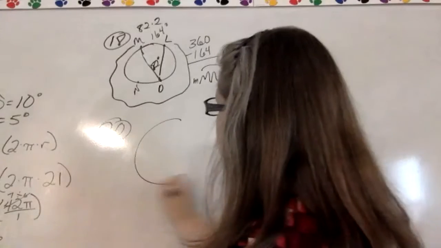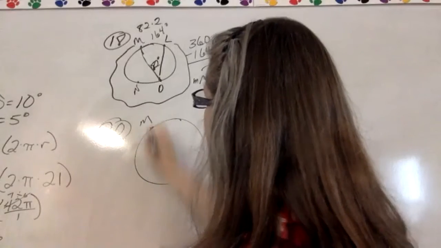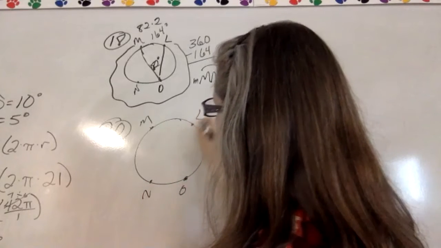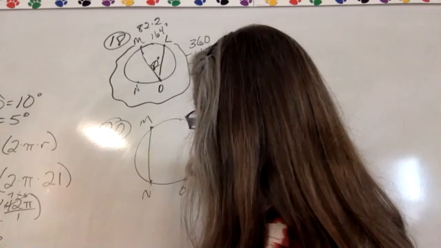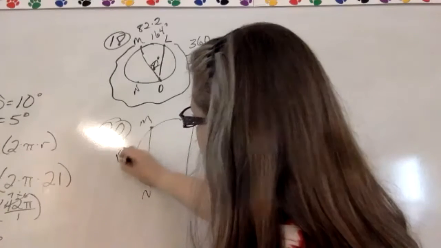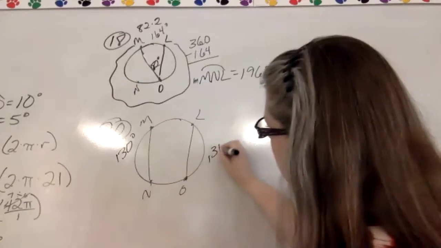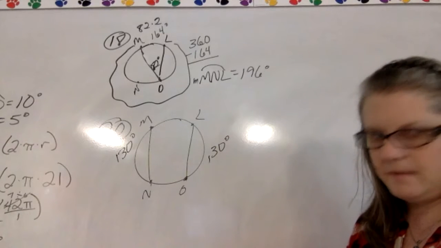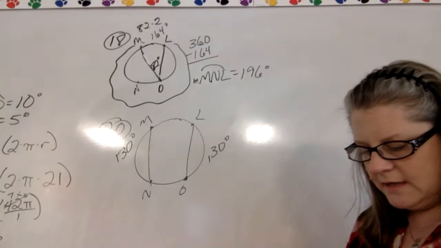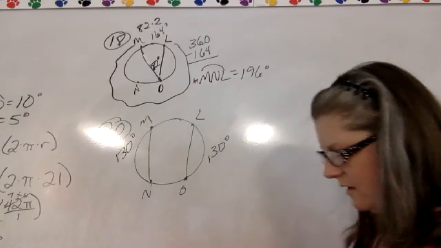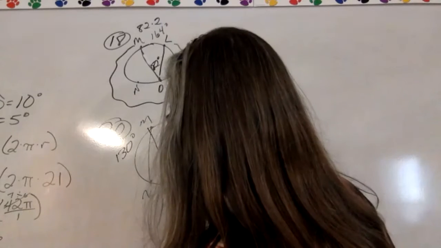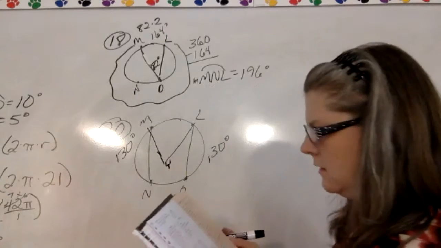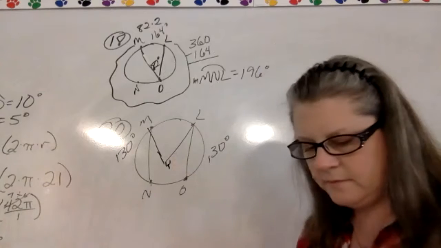Okay, so I have the circle, I have M and O and L. I'm not drawing the whole thing, but it said this was 130 degrees and this was 130 degrees. Okay, that's what it said. Now the next part said that we're looking for MYL. MYL is in here. That's this angle here in the center.